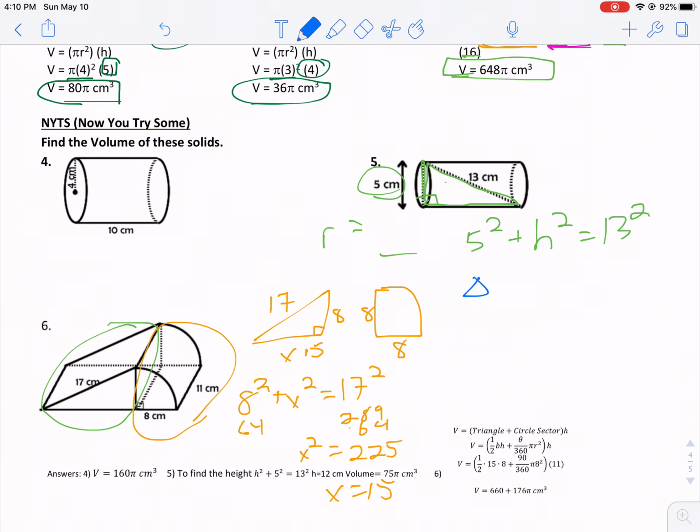The triangle is blue. So the area of a triangle is 1/2 base times height, or 1/2 times 15 times 8. I could take 1/2 of 8, so it just becomes 4, and 15 times 4 is 60.